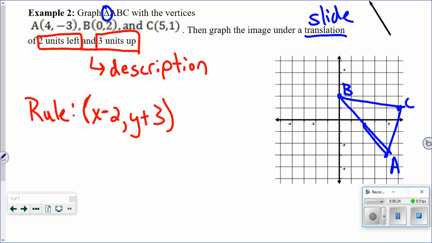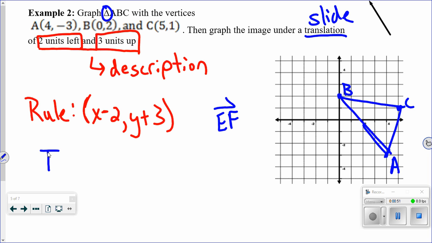Our rule always has the x and y in it. So x minus 2 because left is negative, y plus 3 because up is positive. We can also write this in vector form. Again, for a vector we use a half arrow. Usually we use T for translation, but we could use vector EF or something like that if it's just from point to point.